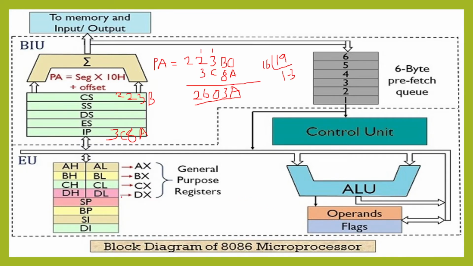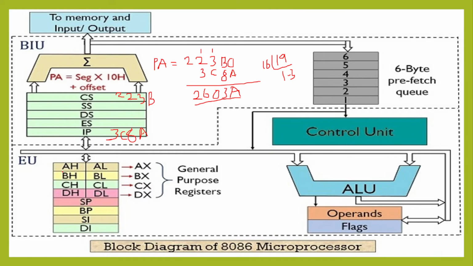Now let us come to the register section, which is most important here. We have four general purpose registers: AX, BX, CX, and DX. All are 16-bit wide registers. X here refers to 16-bit. Suppose you want to perform an 8-bit operation, that is also possible, because the maximum size of the ALU is 16-bit, and in that we can perform 8-bit also.